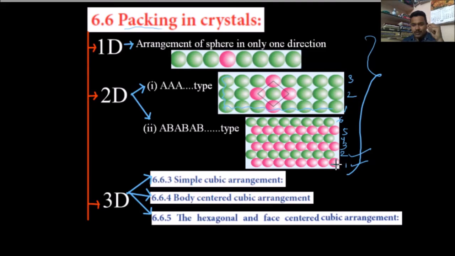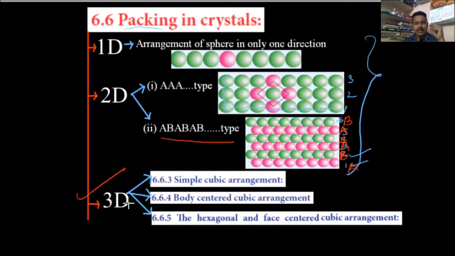So this is an A layer, and after it this is different, this is a B layer. Again it is similar to the A layer, again a B layer, again an A layer, again a B layer. That is why this arrangement is called ABAB type. This one we discussed.